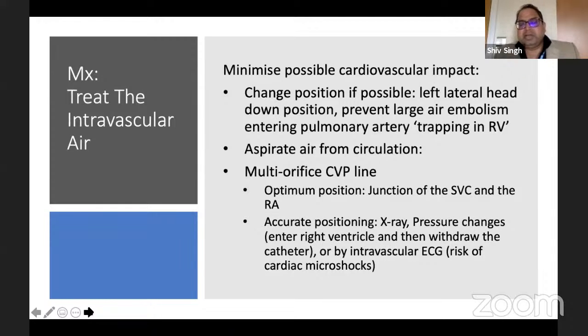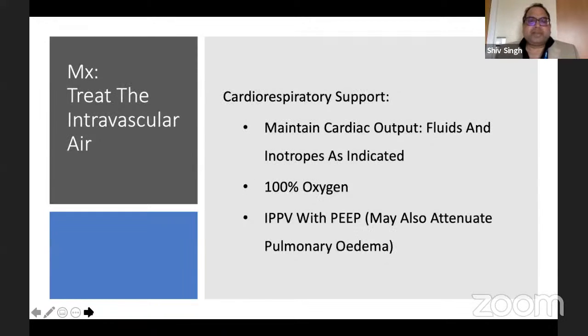Or if you have intravascular ECG, do it under that guidance. With intravascular ECG there is a risk of cardiac microshocks, but that is very minimal. It's one thing we just need to mention, but it's very, very rare. With present monitors, which use isolated power systems, it hardly happens.